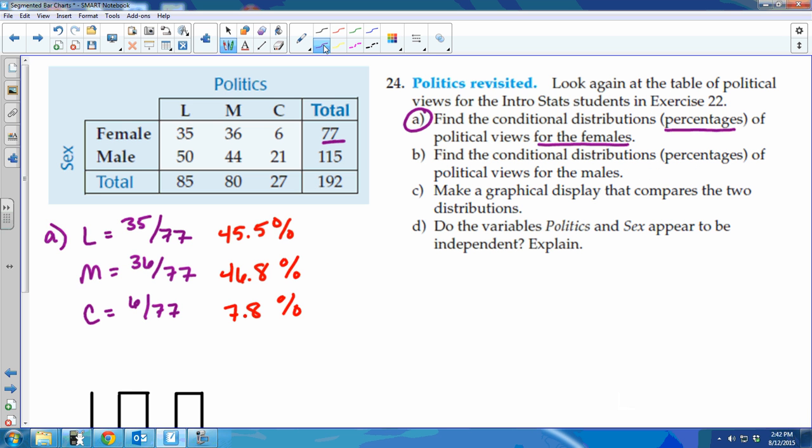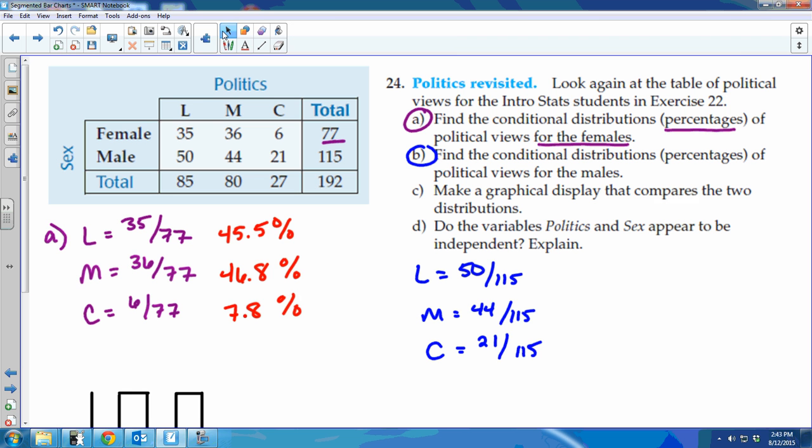Then in part B, it says do the same exact thing for males, which makes sense. We're going to have to do this for both bars. For males, we have 50 out of 115, 44 out of 115, and 21 out of 115.